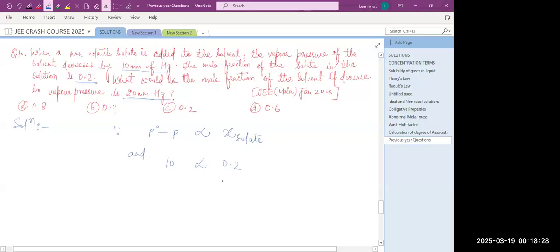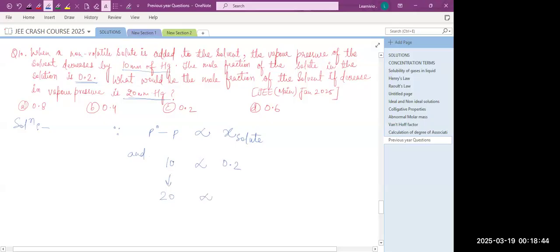Now the question asks, what will be the mole fraction of the solvent if the vapor pressure decreases by 20?